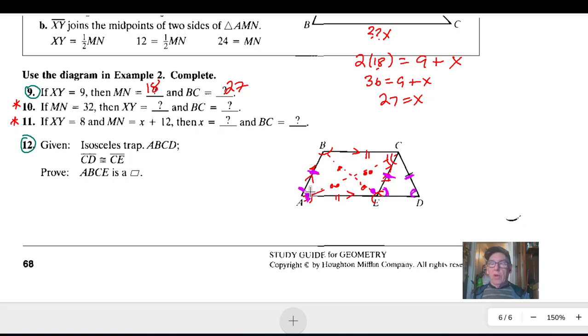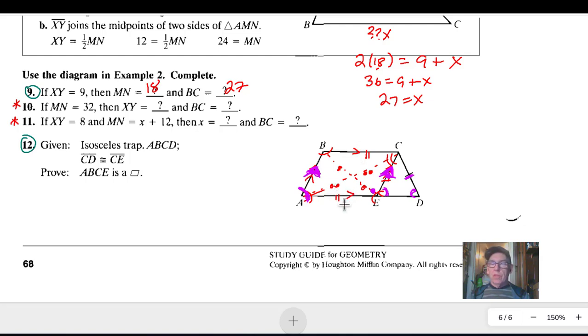And here we would have a pair of same side interior angles: if this BA side was parallel to the CE side, that would give us same side interior angles being supplementary, which would let us say that those two sides are parallel to each other. So that gives us one set of parallel sides.